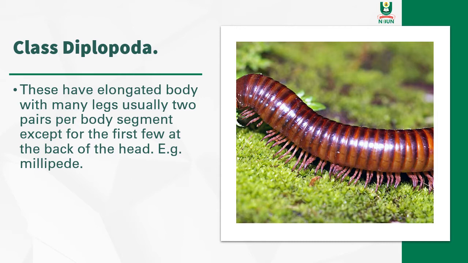So their legs are much more than the previous group. But they don't have legs on their head. And a good example of this is the millipede, like you can see in the picture.